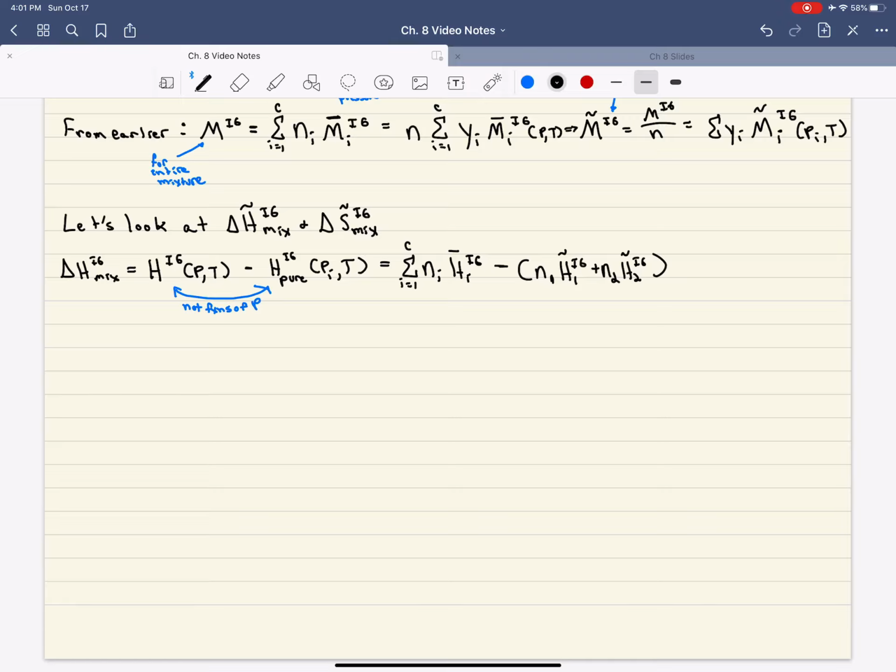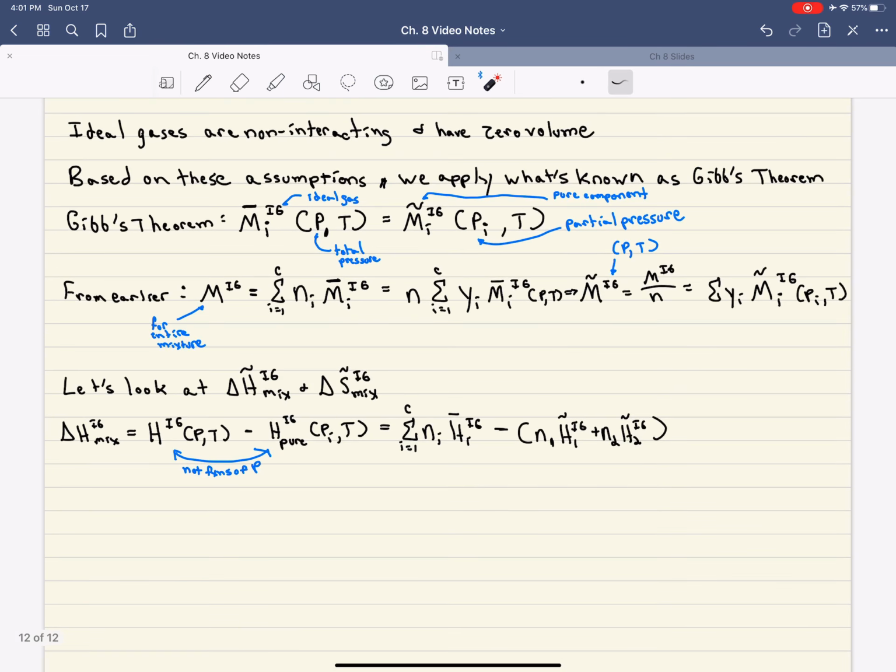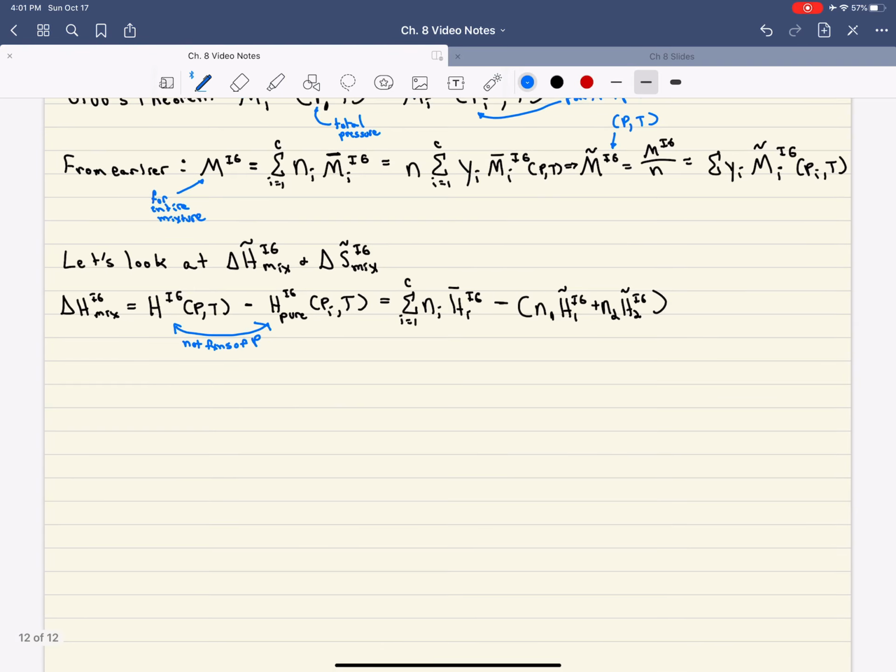All right. But here, this is not a function of temperature. And we know from Gibbs' theorem up here that these partial molar properties are just going to be equal to the pure molar properties.